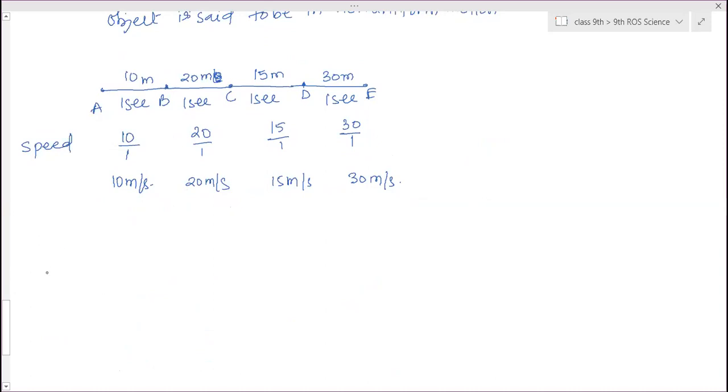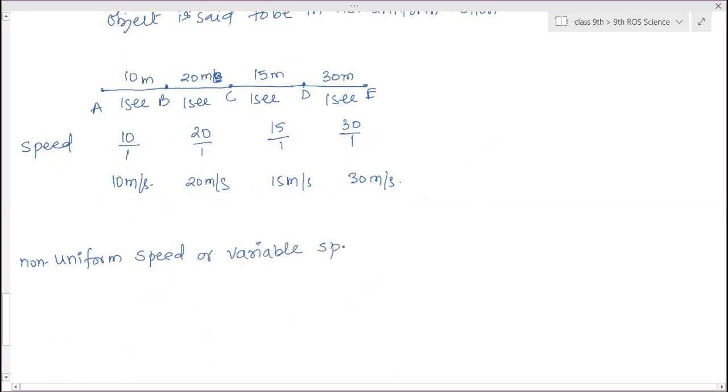Such speed is called non-uniform speed or variable speed, where speed doesn't remain the same. It is continuously changing in every interval of time.